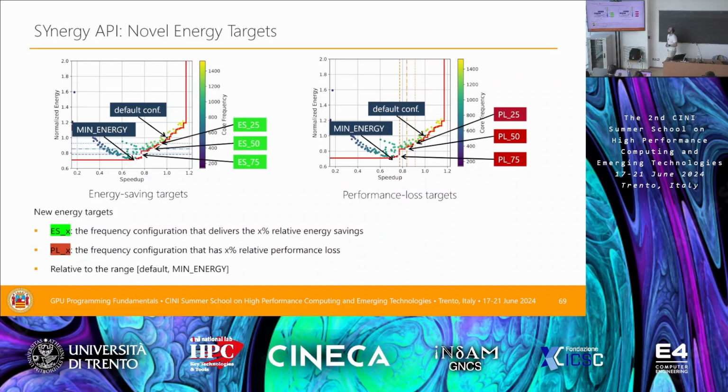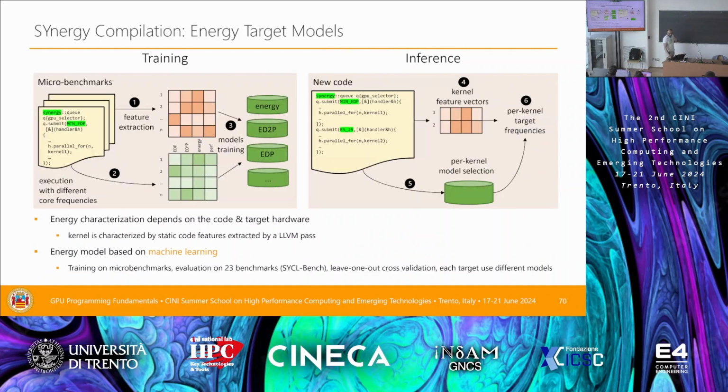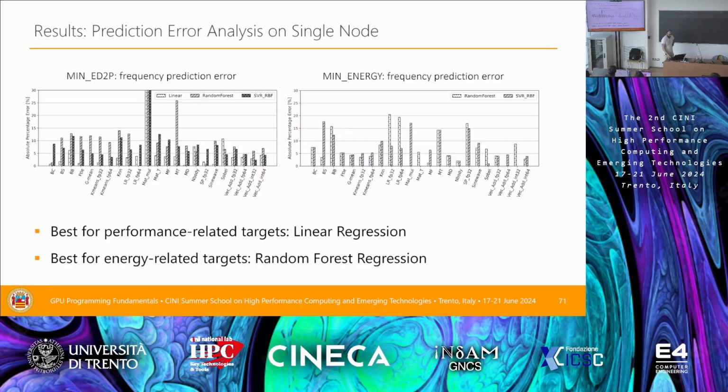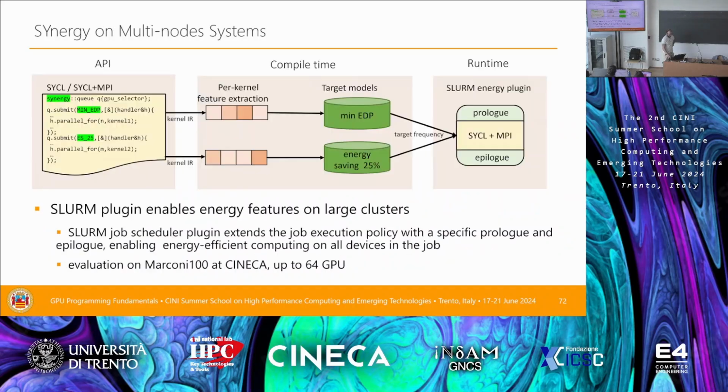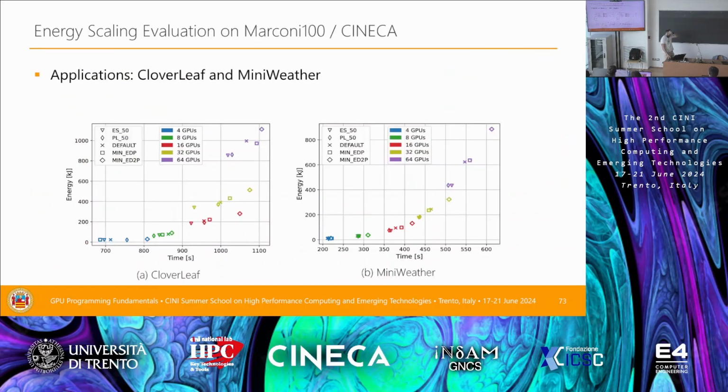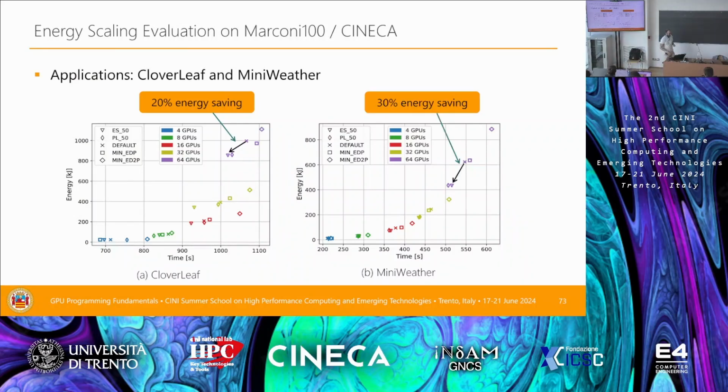It's a multi-objective problem. Or you can define the metric in terms of performance loss. This is practically the idea of the API. Under the hood, there is a machine learning model, not a neural network, simple machine learning, but indeed very accurate. And we also have a Slurm plugin, which allows us to run this on Cineca.